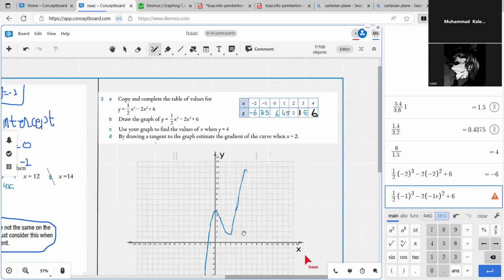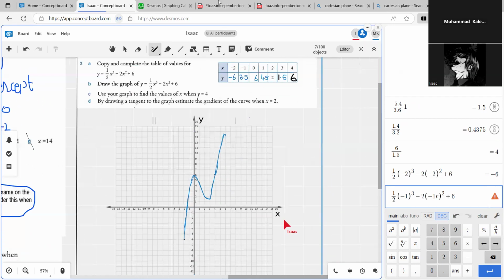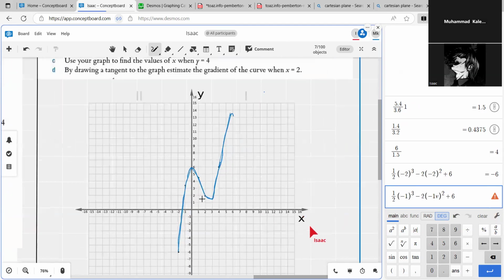Our graph will be like this. Okay. Use your graph to find the value of x when y is 4.